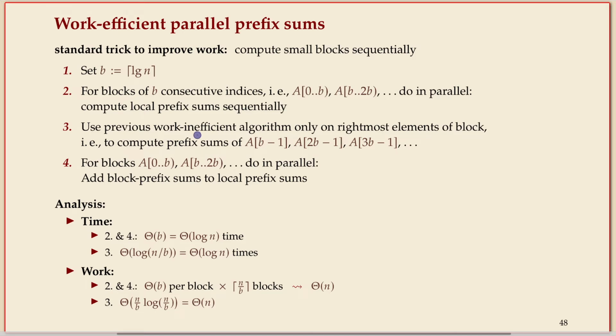Then we use the algorithm we've just developed, which has good span, but is not work efficient. But we only use it on a smaller input, namely only on the rightmost entries of each block. That gives us the prefix sums of some positions in the array. And in particular, the last one is almost the sum of the entire array.